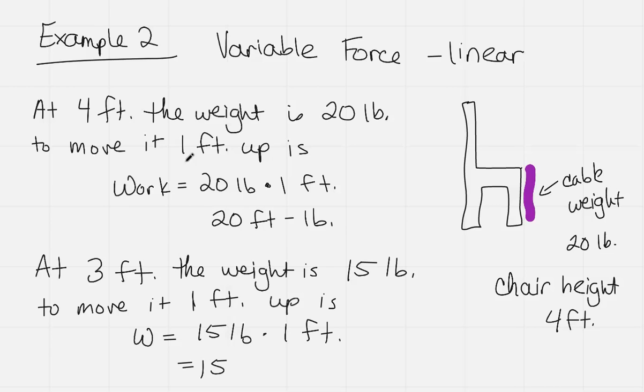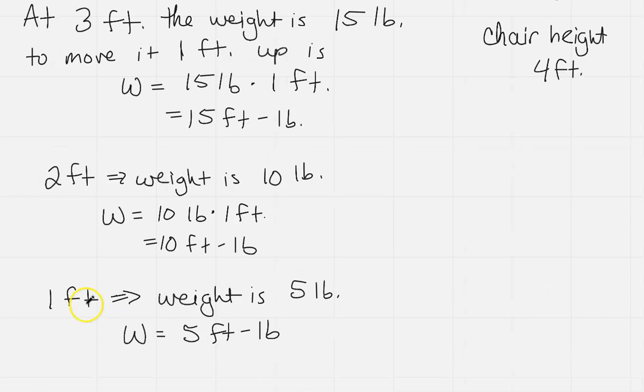And we get the 15 foot-pound. So I went ahead and just finished off, okay, at 2 feet, the weight is now 10 pounds. I'm moving it a foot, so my work is 10 foot-pound. At 1 foot, the weight is now only 5 pounds. That cable is really short now, so it only weighs 5 pounds. And the work, thus, if we move it 1 foot, is now 5 foot-pounds.